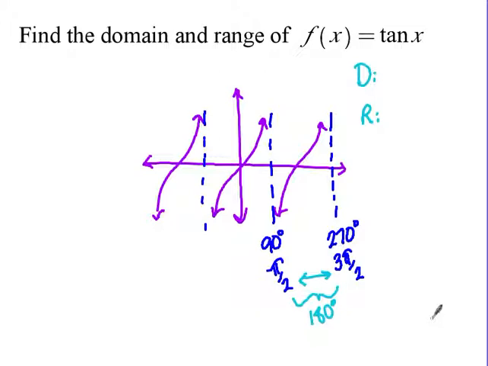So basically, if I start with pi over 2, and I add or subtract pi, would that be true?